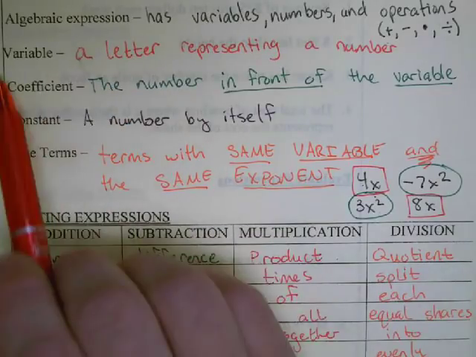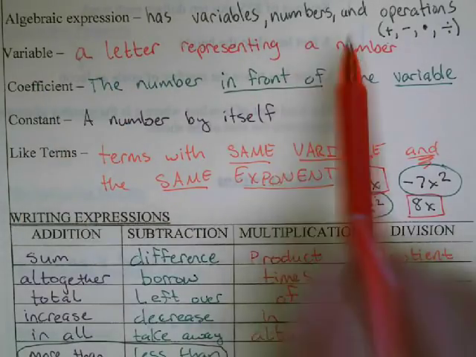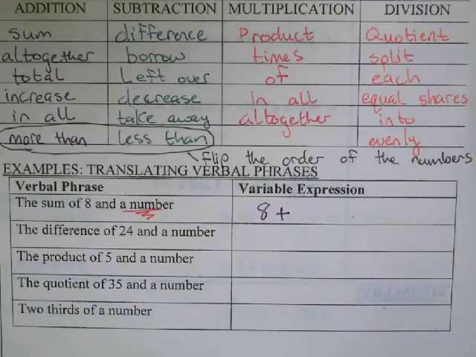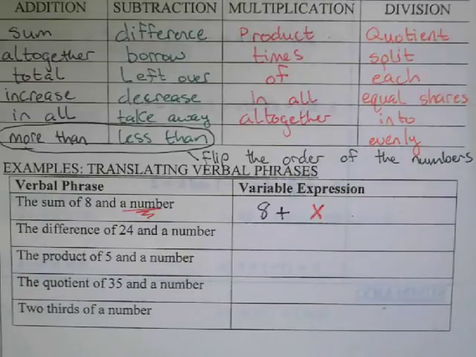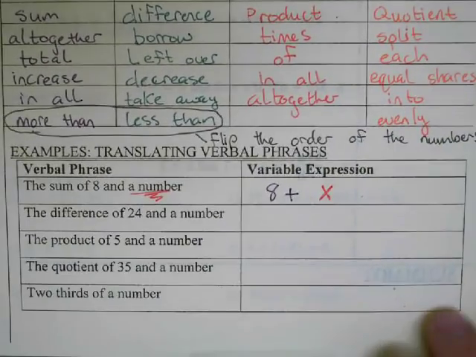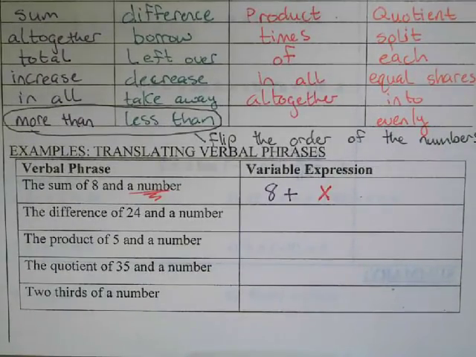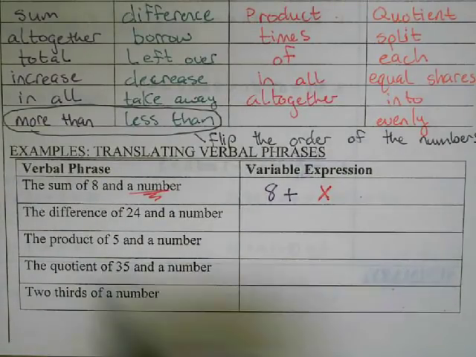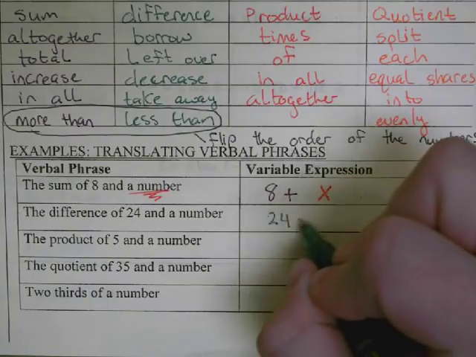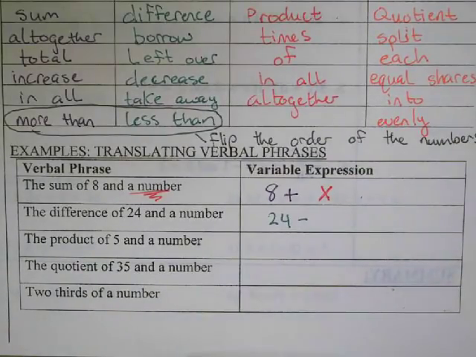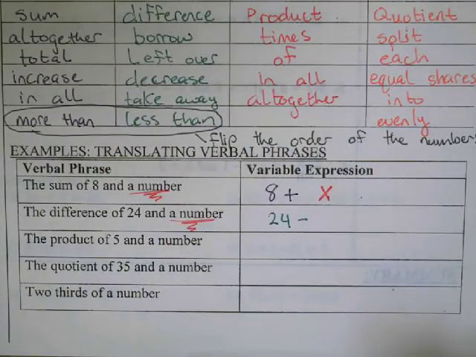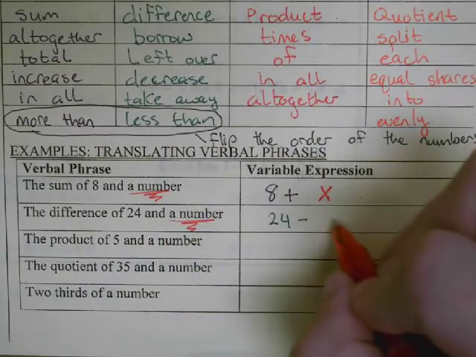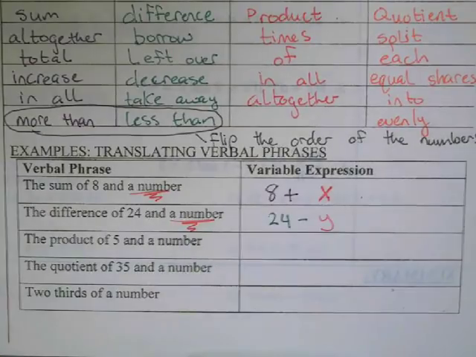So we'll use a variable to represent a number. For our first variable, we'll use x. We can use any letter, but I'm just choosing x. X is kind of like the most common. On our next one, we'll use the difference. So the difference of 24 minus, and we have a number again. So let's use a different variable, so we'll use y.